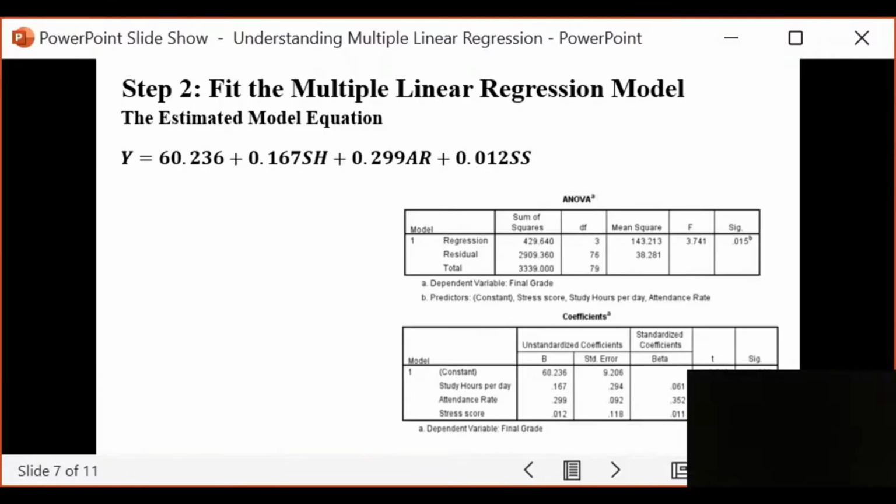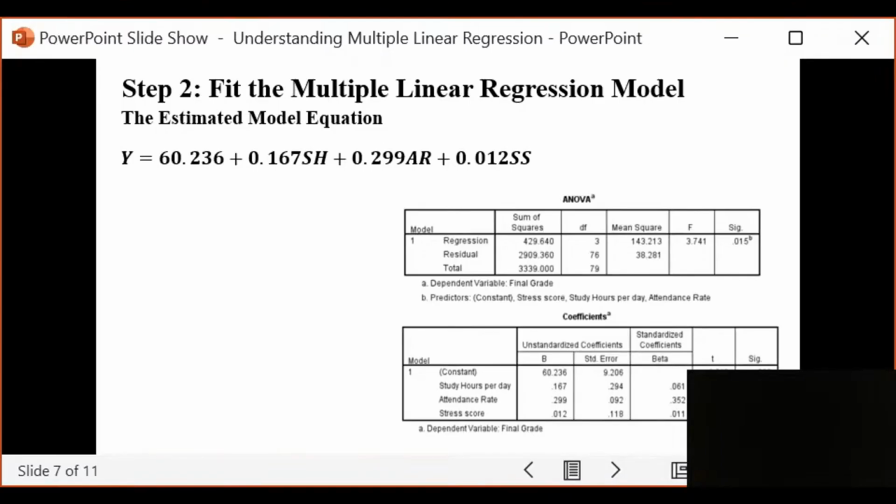SH stands for the study hours plus 0.299 AR. AR is the attendance rate plus 0.012 SS. SS is the stress score of the students.